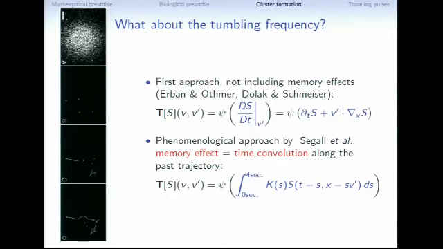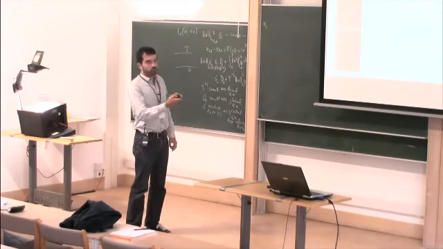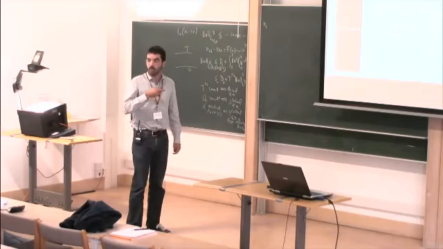So now all the modeling part is in the tumbling frequency. You have to define this tumbling frequency. What is it? We have chosen, in our opinion, the most reasonable one, which is due to Dolak and Schmeiser and Erban and Othmer, which is to say that for bacteria, for E. coli at least, this tumbling kernel, which drives reorientation, is a function of the temporal derivative along the trajectory.